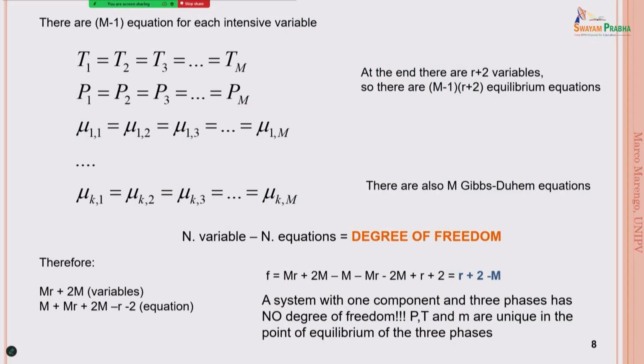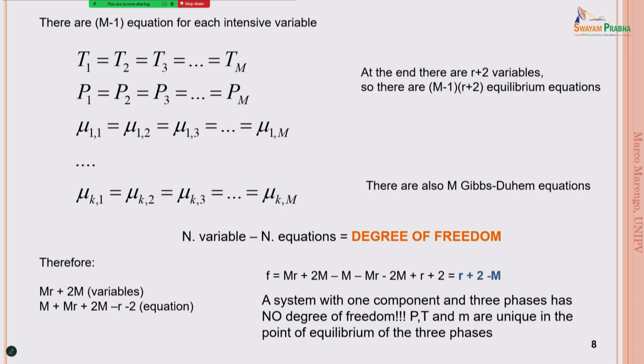The same for the chemical potential, only that we have K chemical potentials, because we have K chemical species.